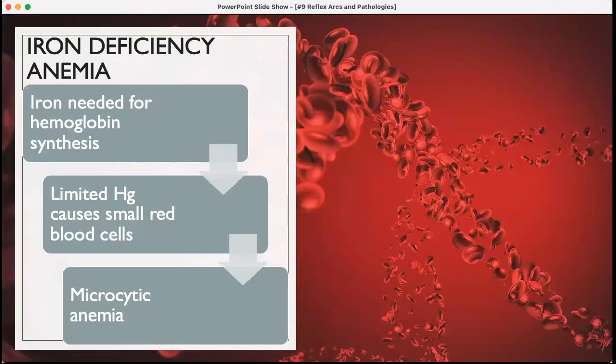Iron deficiency anemia: iron is needed for hemoglobin synthesis. So if you have few hemoglobin molecules, you end up with very small red blood cells, and that's microcytic. Micro is small, cytic is cell, so you see a microcytic anemia with iron deficiency.